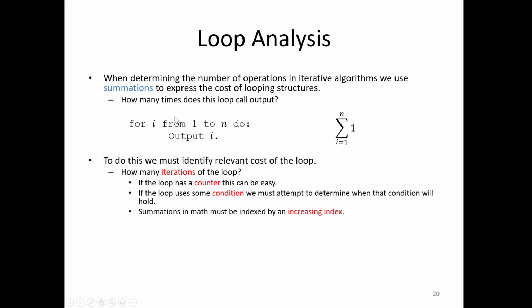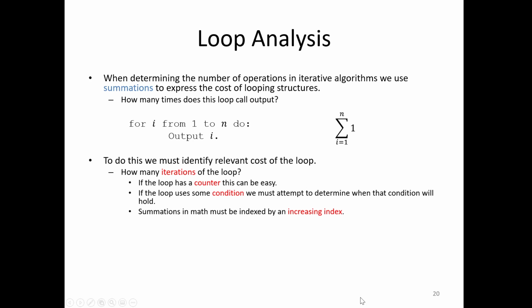So if we have a loop that counts down, or we have a loop that maybe divides by 2 every time, something more sophisticated, we're going to have to translate that into the right summation logic, in which we have an index that only counts up by ones. Okay, we might see an example or two of how we can do that.